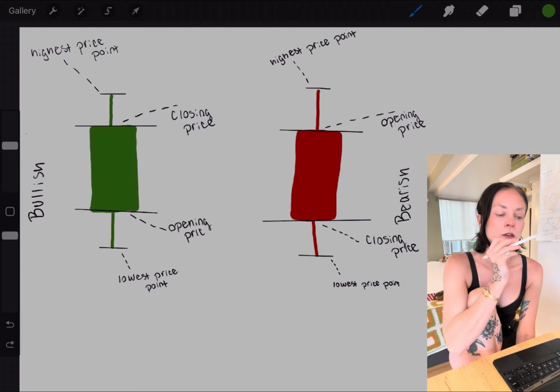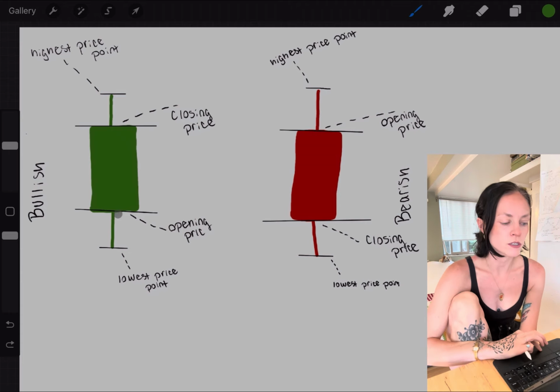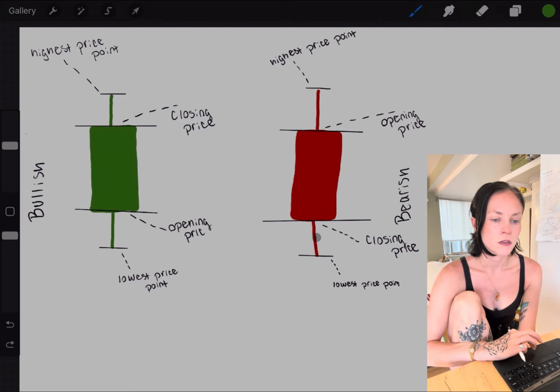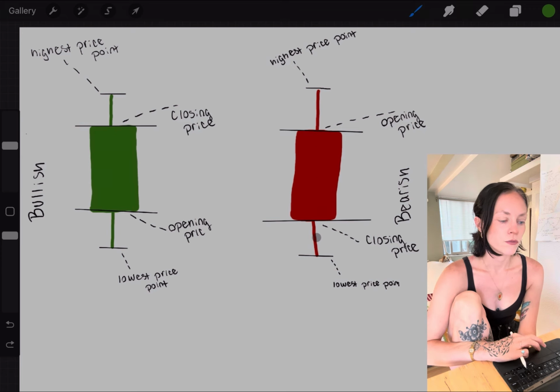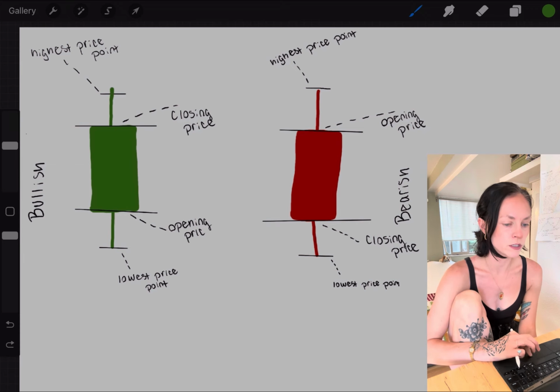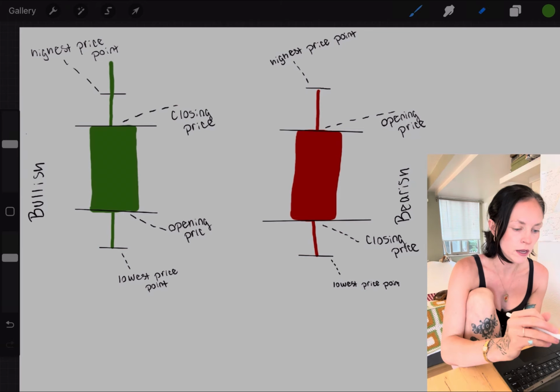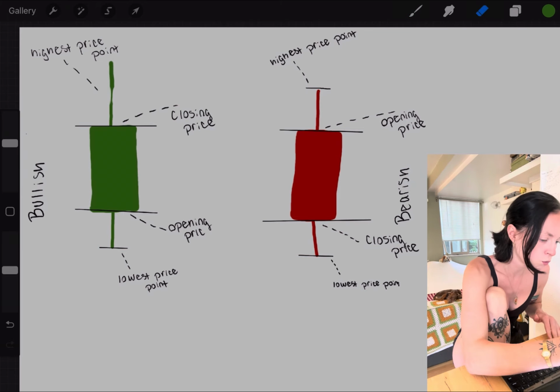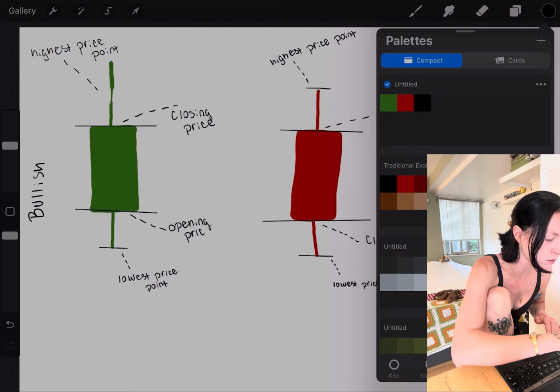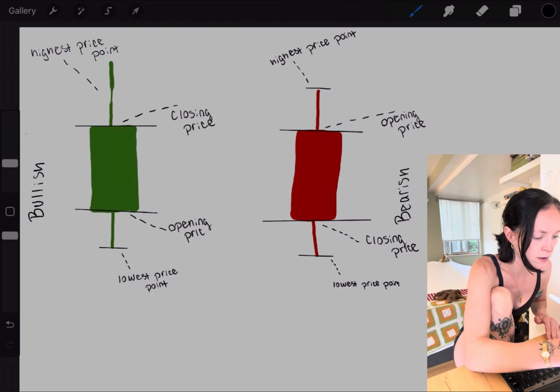But anyway, so the wicks, I want to talk about those for just a little bit here. So a long wick, let's say one is really long. Let's say this wick came up way higher.